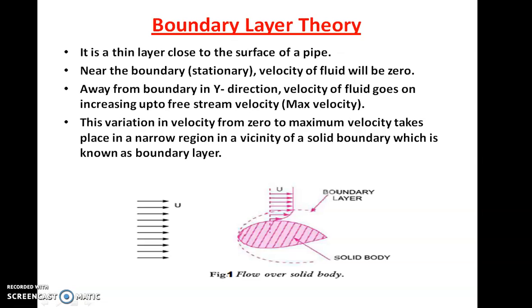If you see the profile of the velocity, it slowly or gradually goes on increasing in y direction, and the region between this zero velocity and the maximum velocity, that is nothing but the free stream velocity, is called a boundary layer. Now our main focus is to study this boundary layer and the velocity variation in this boundary layer.